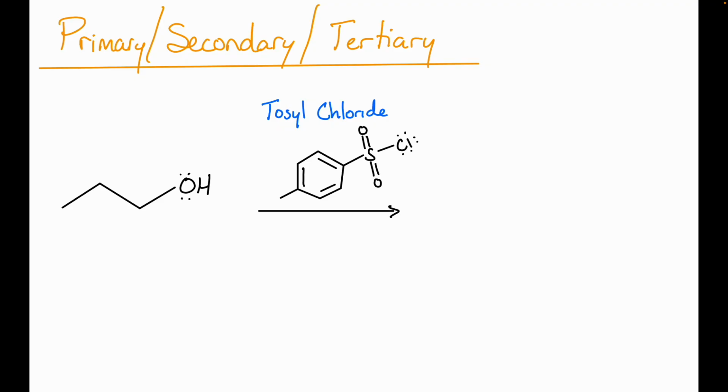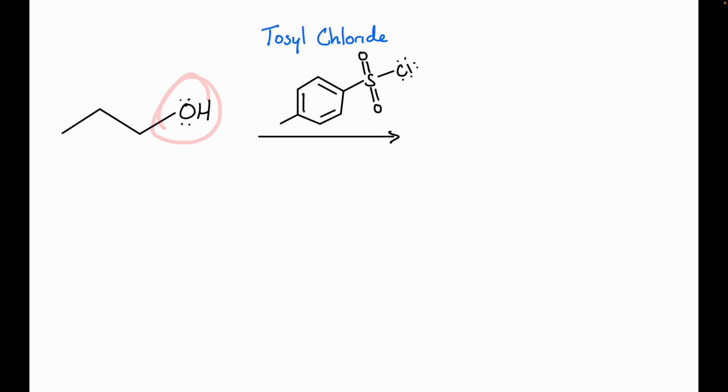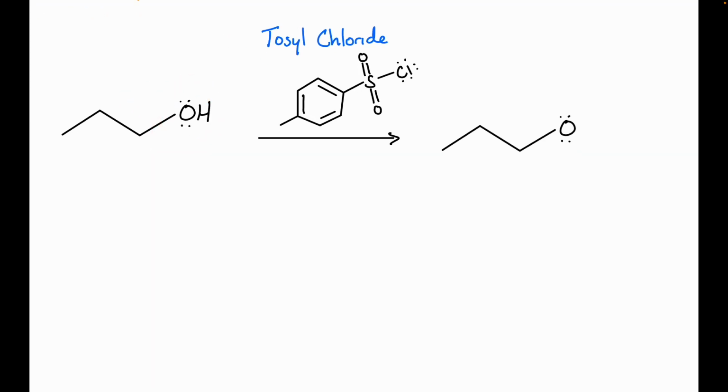All right, what happens is that this tosyl chloride group, actually just the tosyl group, is going to attach itself onto our oxygen in our alcohol. So now that oxygen is bonded to that sulfur. Still got all this other stuff going on.